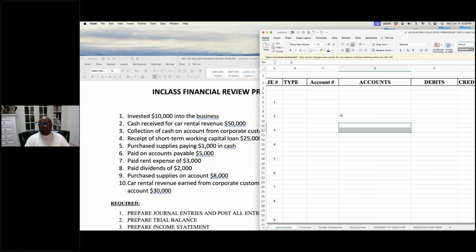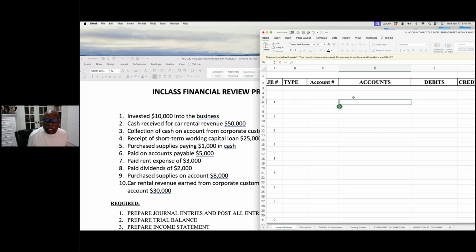So let's make this journal entry. Our type is going to be 1. We're going to debit cash, so you should be working with me. And we're going to credit common stock.